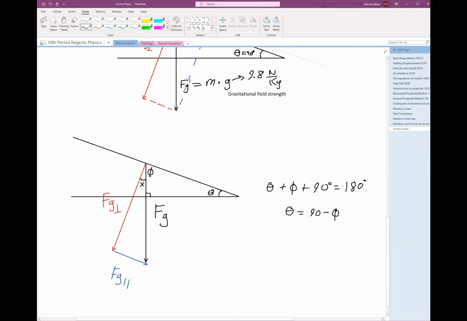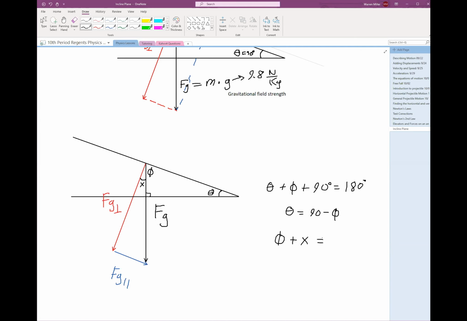Is anybody confused on why that's true? I just subtracted 90 from both sides and then minus phi from both sides, and I get 90 minus phi. Okay, what's the relationship between phi and x if I add them? What is that going to equal? Diana?